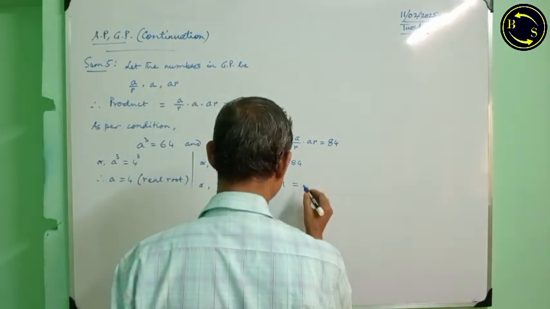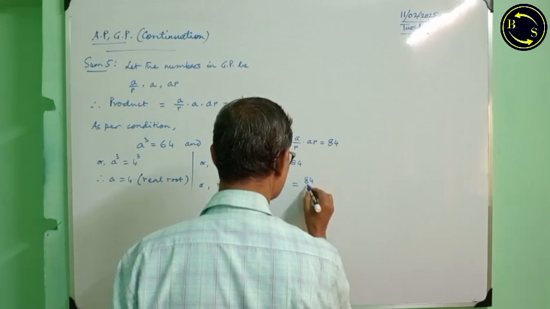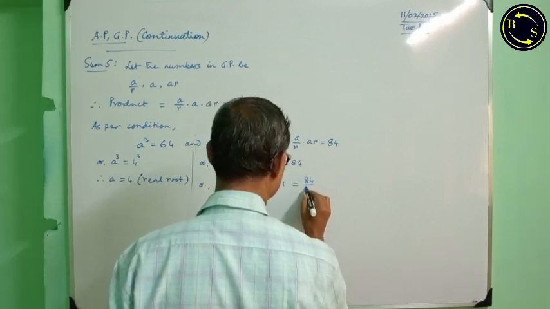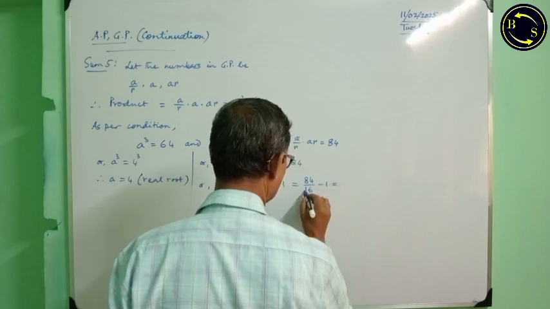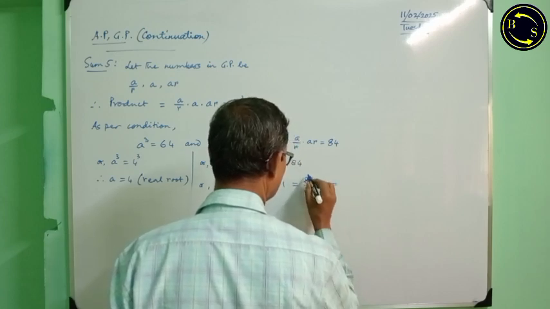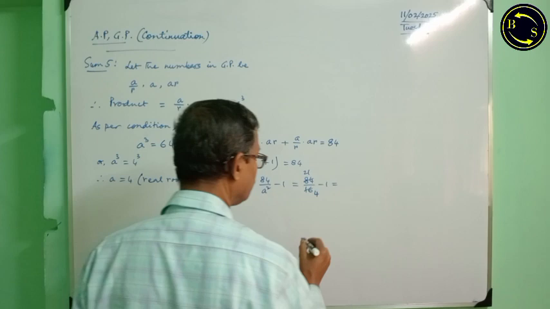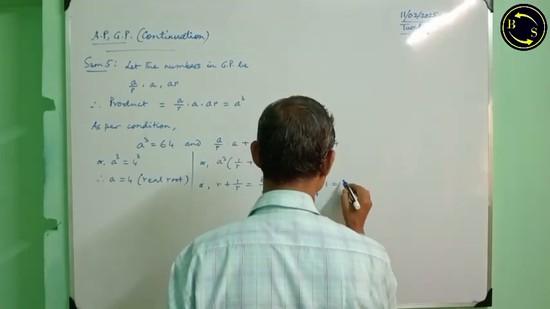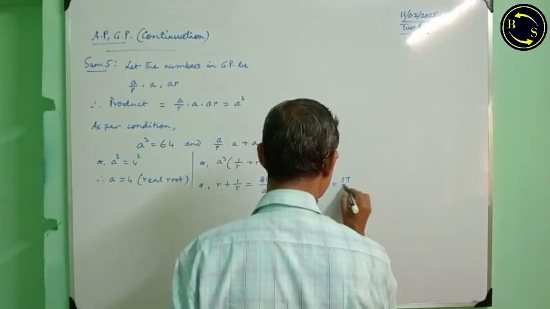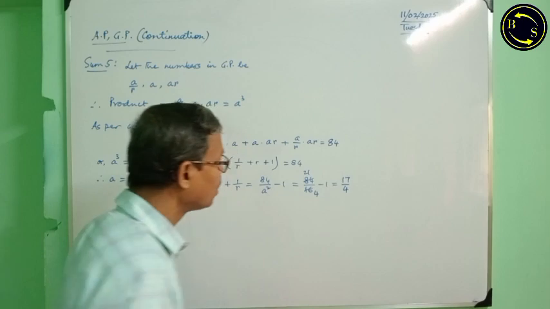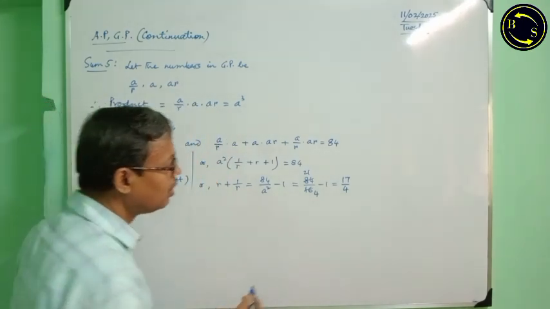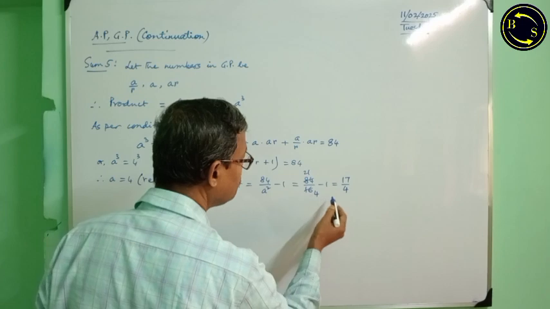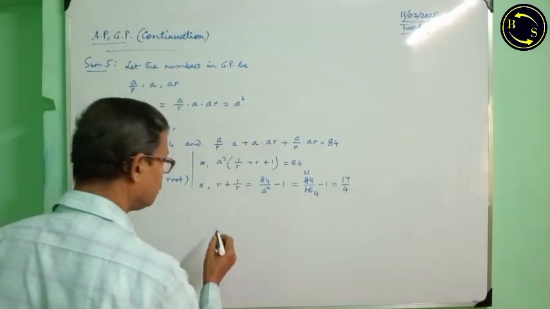Put the value. A equal to 4 already we have got. Then after simplification, this one.